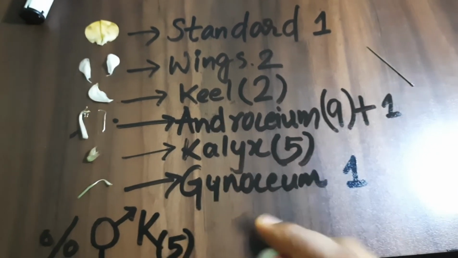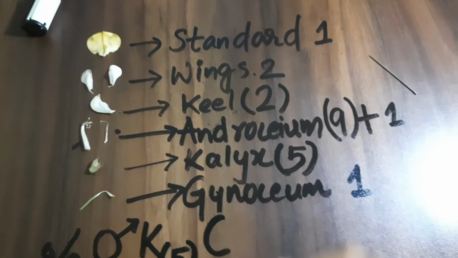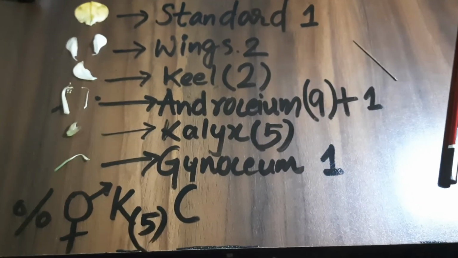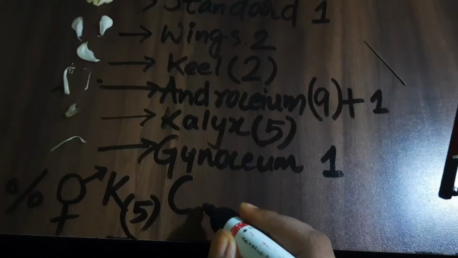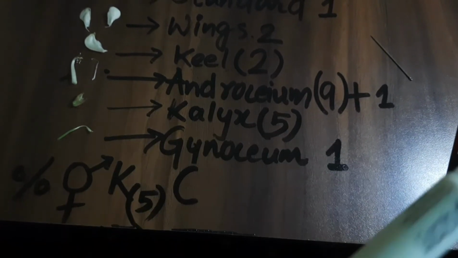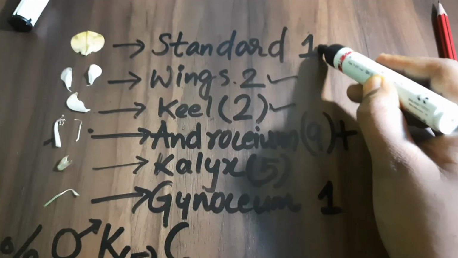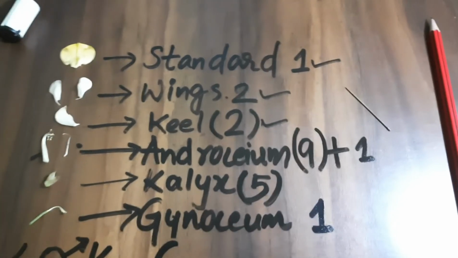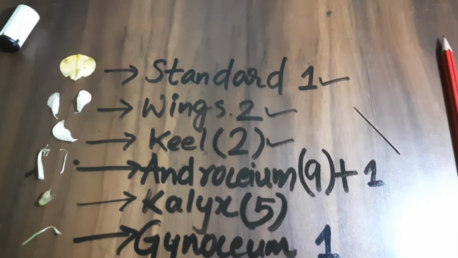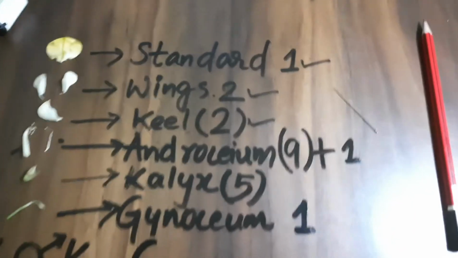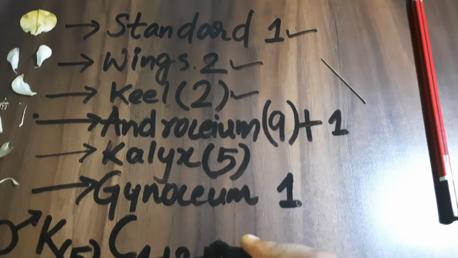Then corolla. Corolla is petal. How many petals are there? 5 petals. But 2 are united, 2 are free, and 1 is solitary. So we will write 1 plus 2 plus 2 united.